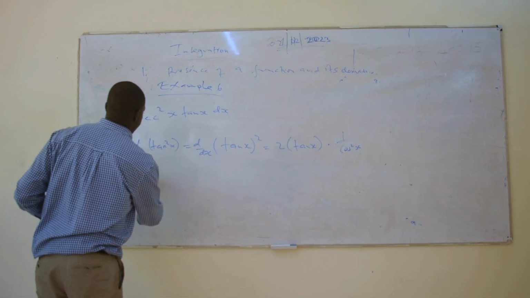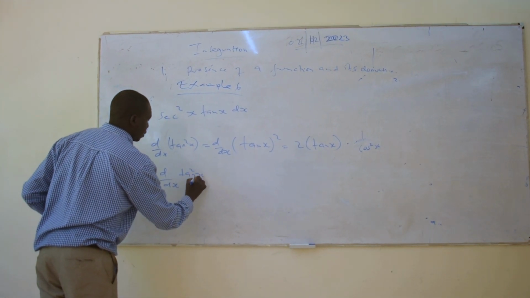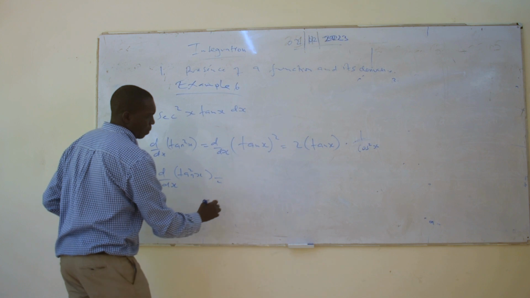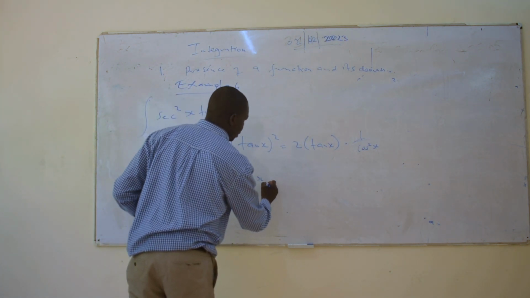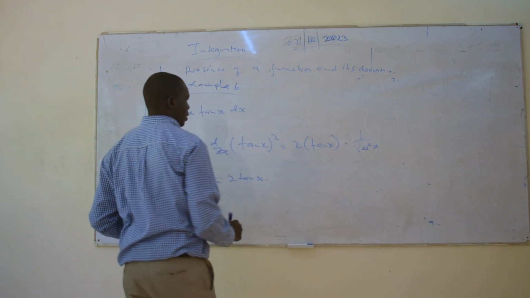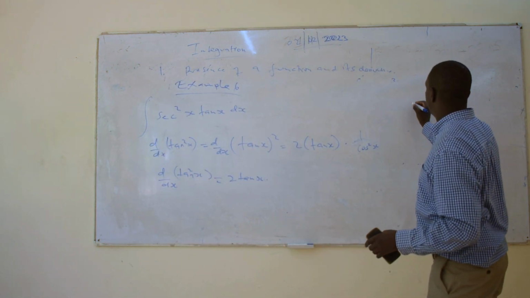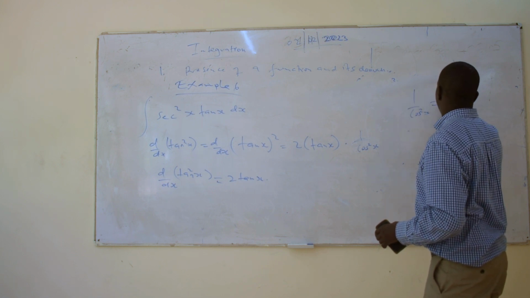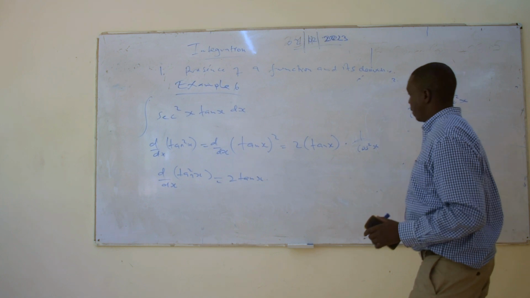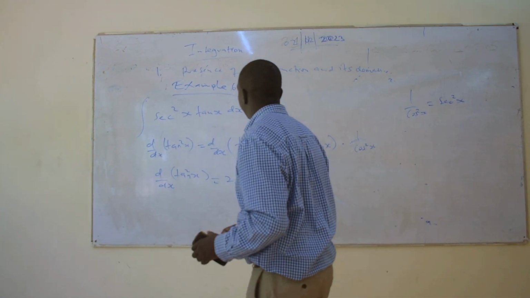In other words, d/dx of tan squared x is 2 tan x times 1 over cos squared x. 1 over cos squared x is the same as secant squared x. So this is sec squared x.